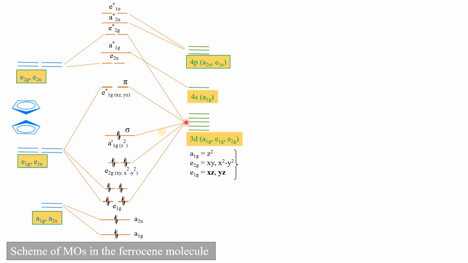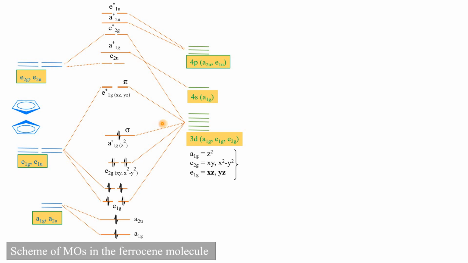So the A1G orbital, the dz square, and the other d orbitals, dxy and dx square minus y square, these are non-bonding or nearly non-bonding. But these E2G orbitals are stabilized by interacting with the pi star orbital of suitable symmetry of the ligand.